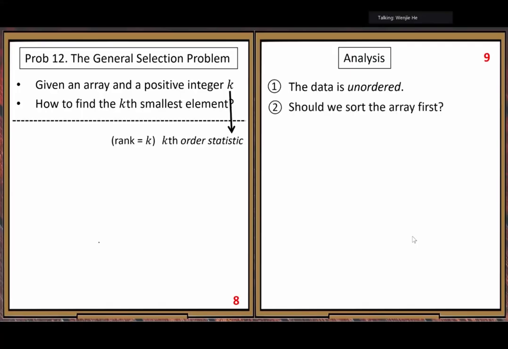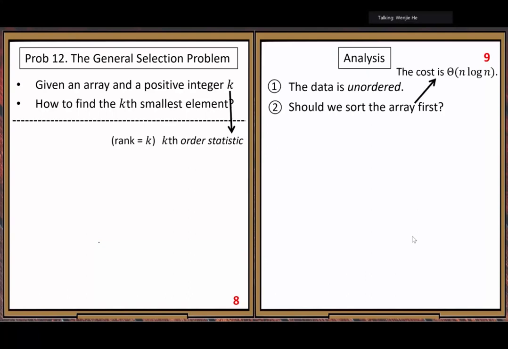Some people may like to sort the array first. Then, for any k, you can select easily, right? Here I want to make some comments on this way.